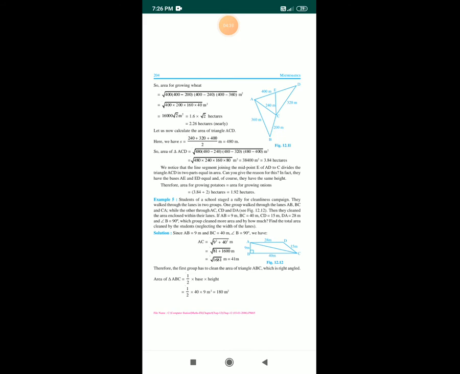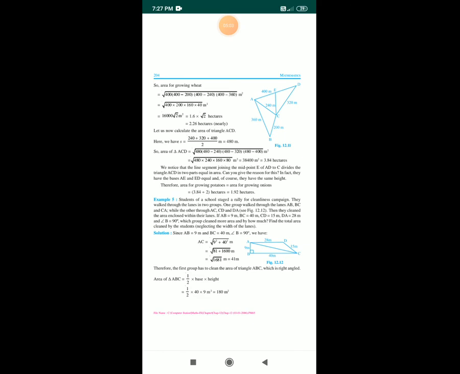Students of a school staged a rally for a cleanliness campaign. They walked through the lines in two groups. One group walked through the lines AB, BC and CA, while the other group walked through AC, CD and DA. See figure 12.12.